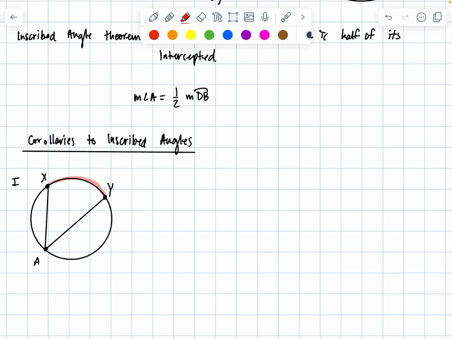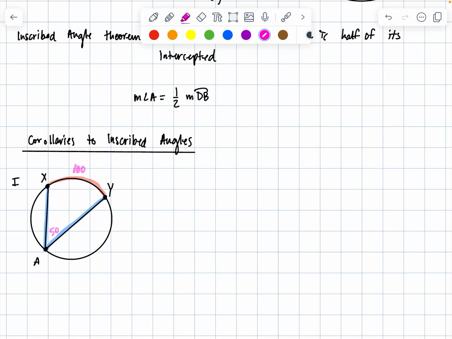Whatever XY is, A will be half of that. So if I put, for instance, let's draw this in blue. This would be the chords that lead to A, and we have vertex A. So if I, for instance, put like 100 here, this would have to be 50.